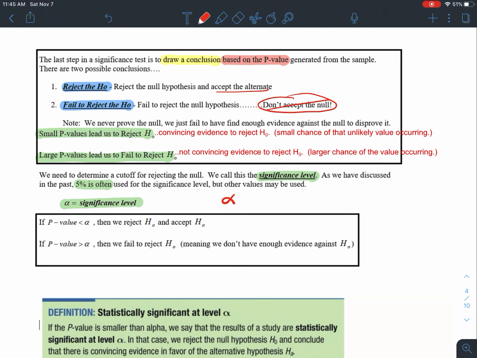Okay, so whatever percent is defined as your significance test, you're going to compare your p-value you got to your significance level. And if your p-value is less than your significance level, you will reject the null hypothesis. If it is greater than your significance level, you will fail to reject the null hypothesis. Okay?